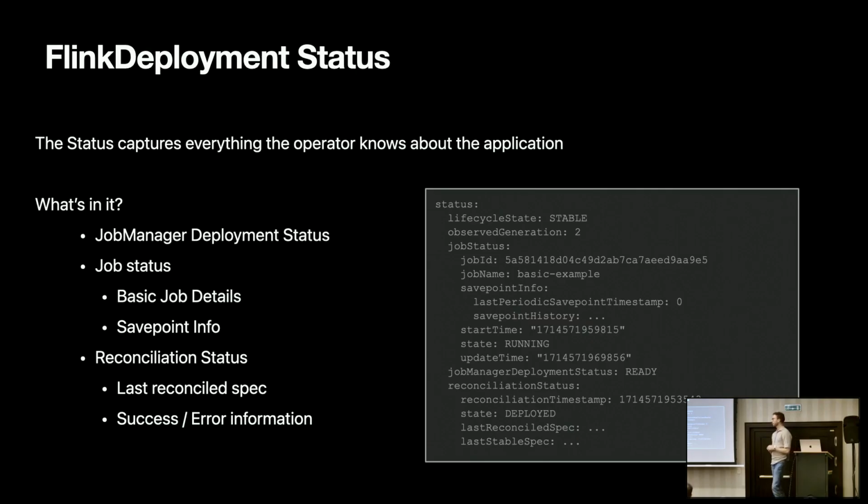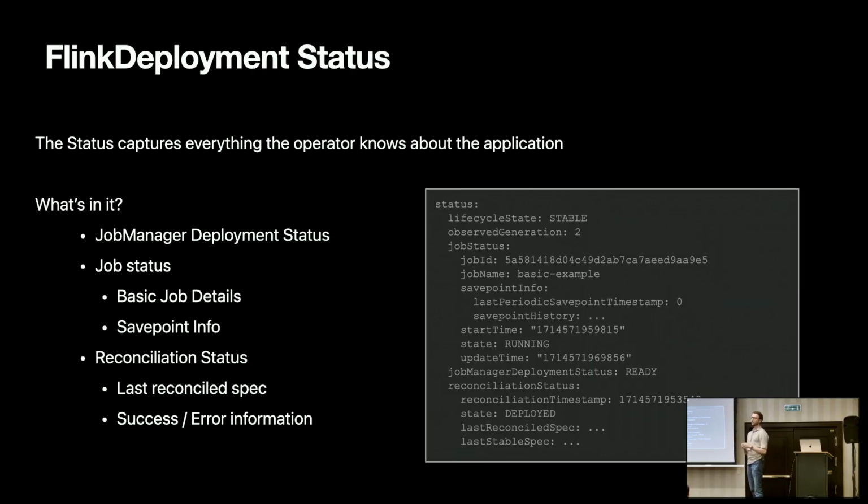Another big part of this is the status of the custom resource, because Kubernetes resources contain multiple parts. Specification is something that you define. This is what you want. And the operator will try to get that for you, reconcile the resource until it matches the specification, what is running on the cluster.